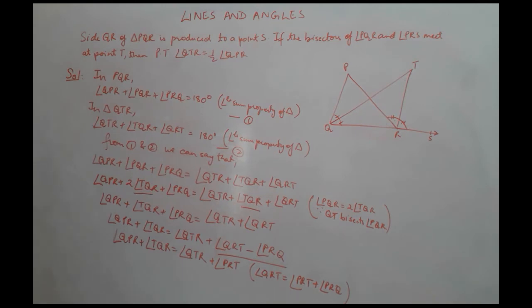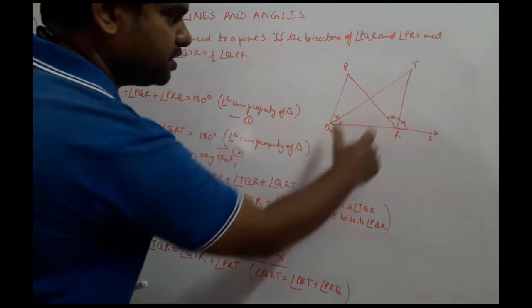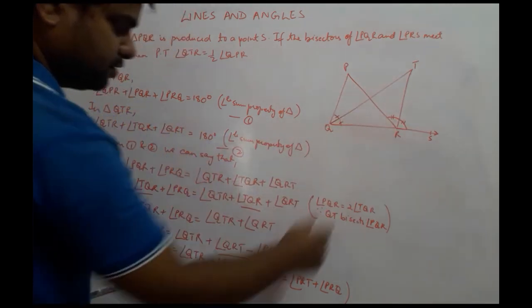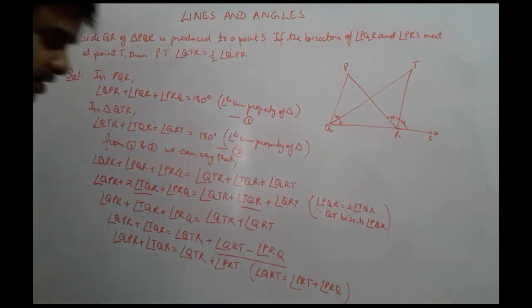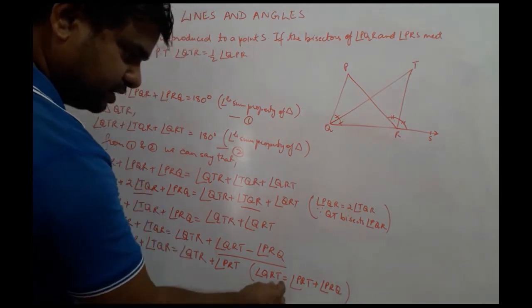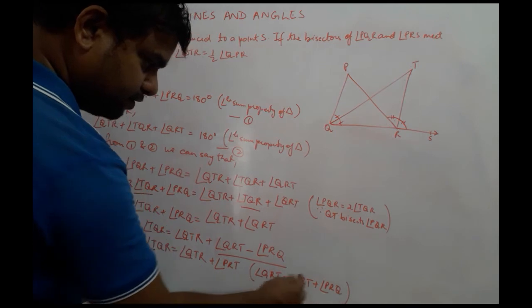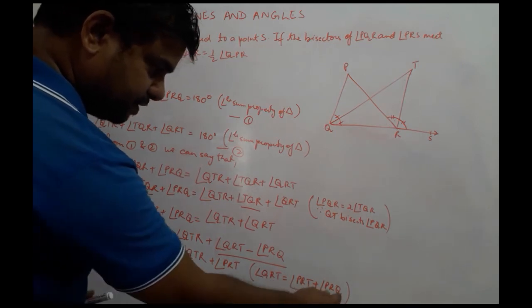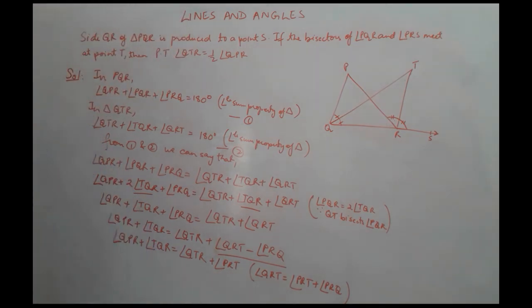So this full angle QRT can be written as equal to QRP plus TRP or PRT, whatever. In this case we have only taken this part, this side. When we take PRQ on the left hand side, it becomes negative. So angle QRT minus PRQ gives us PRT, which is over here.